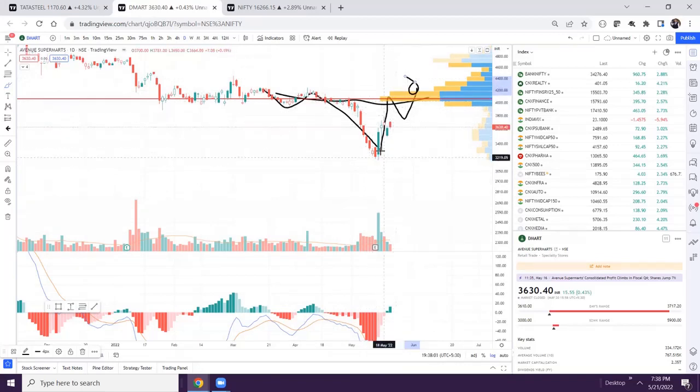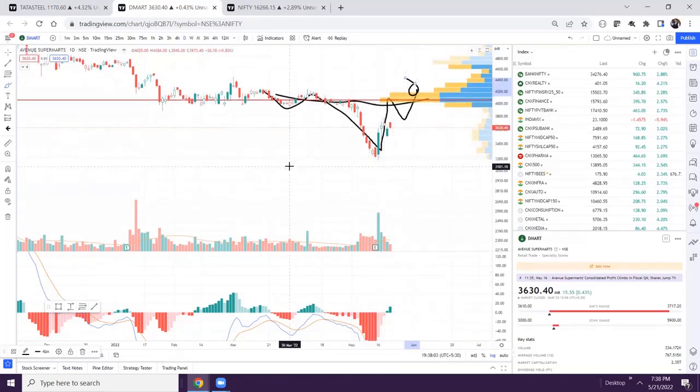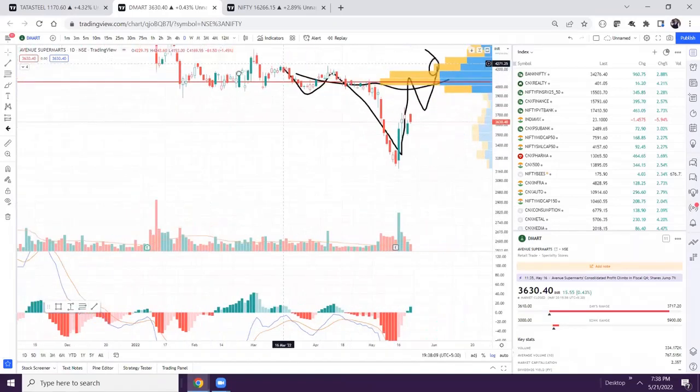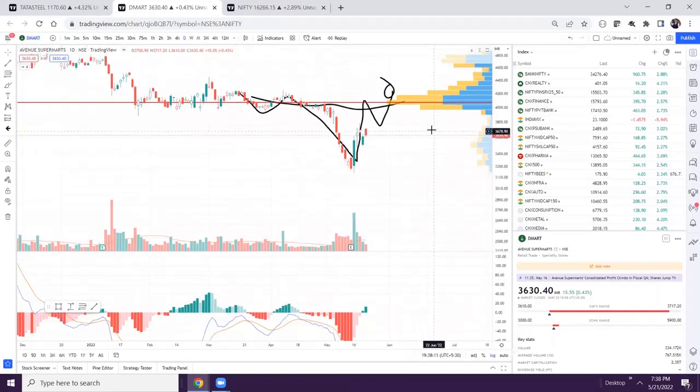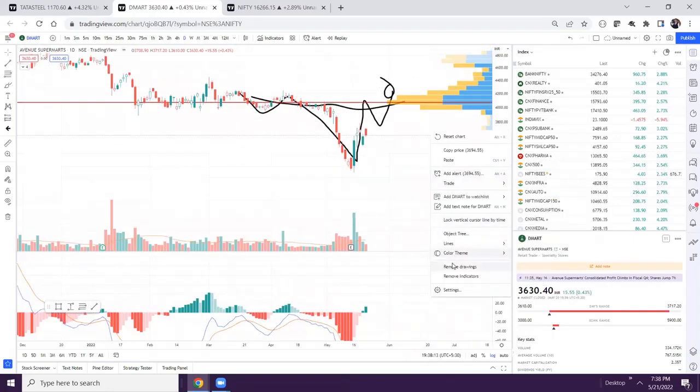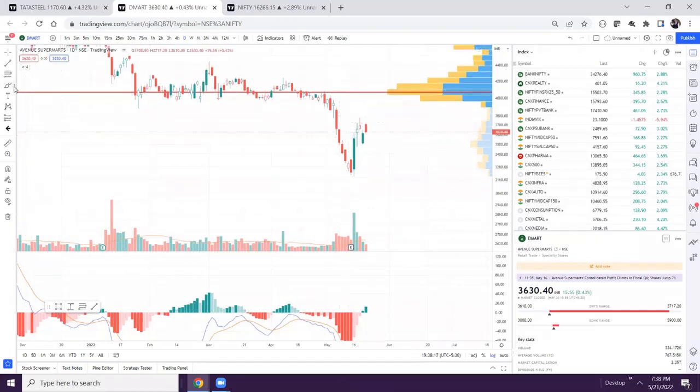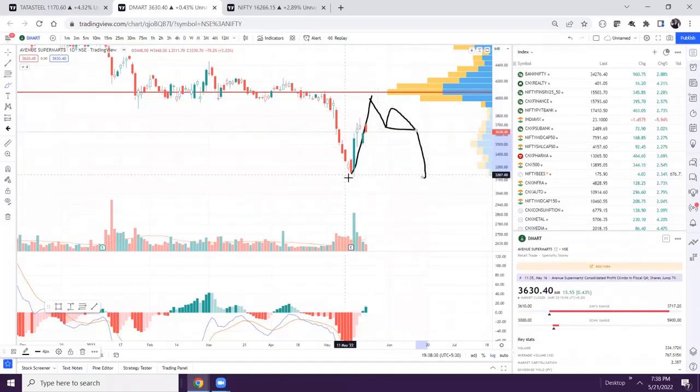The volume profile also shows demand there. Volume profile shows that this is a resistance. If it clears this resistance, then it can go up. We cannot hope that this will go here because this is a demand. We have to wait for the first impulse. After this impulse, the corrective pattern which we studied today should not retrace back to this point.